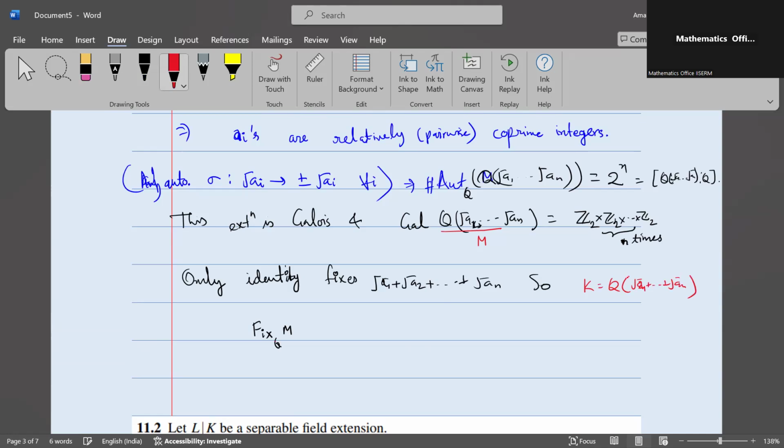Then the fixed field of the trivial subgroup is M, and the fixed field of the whole group is K, by Galois correspondence.